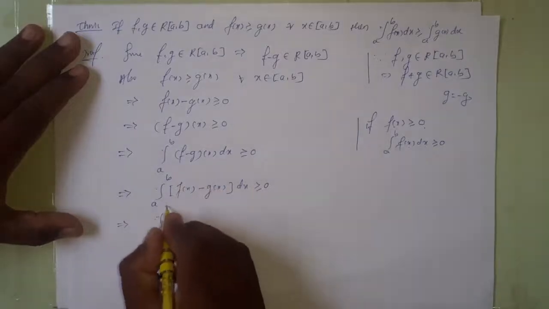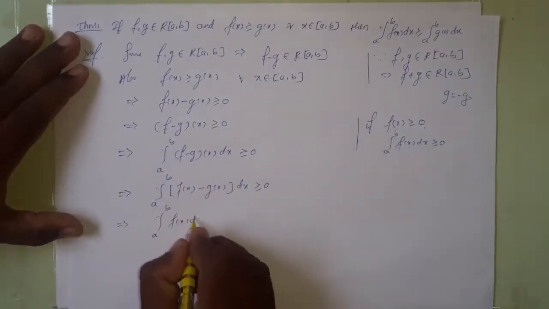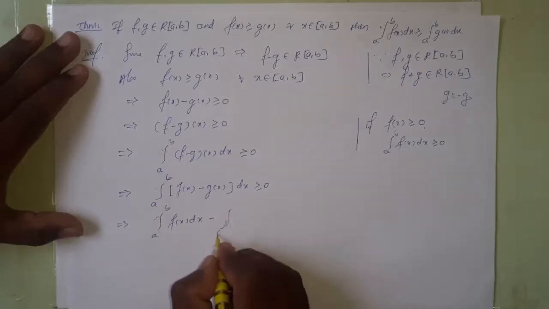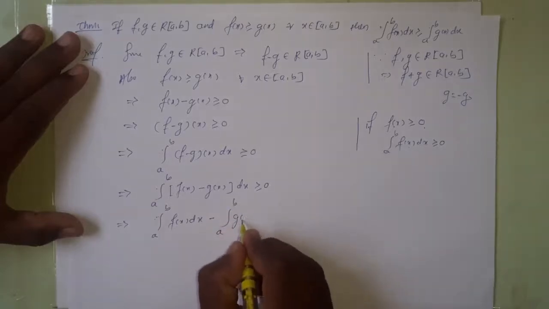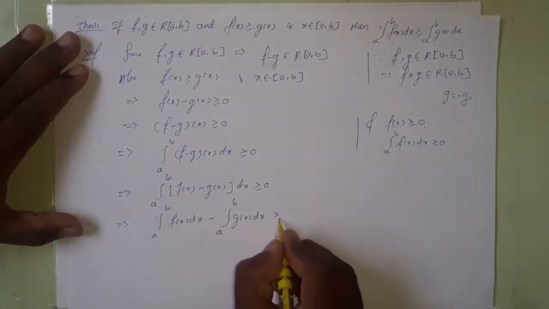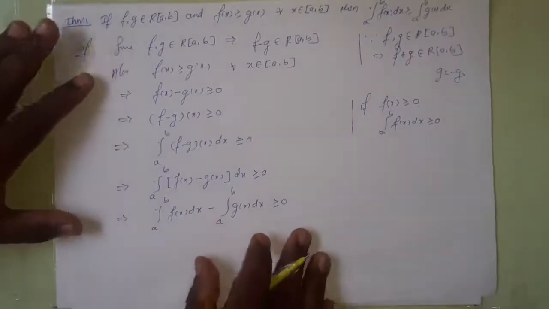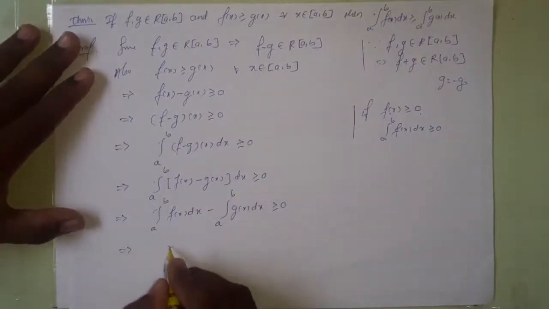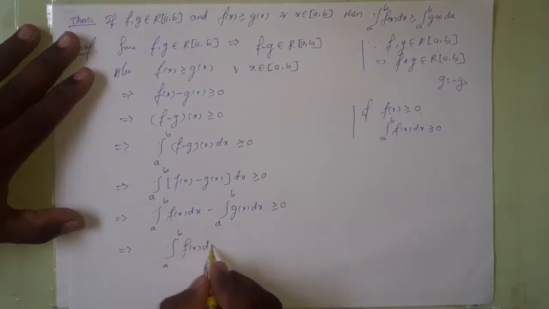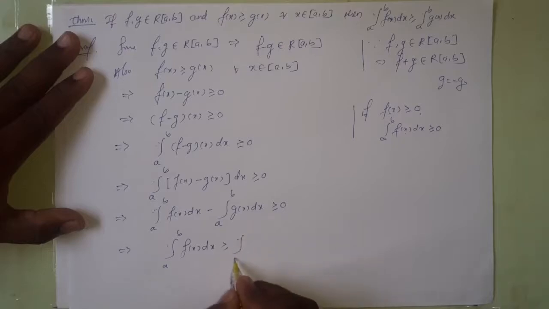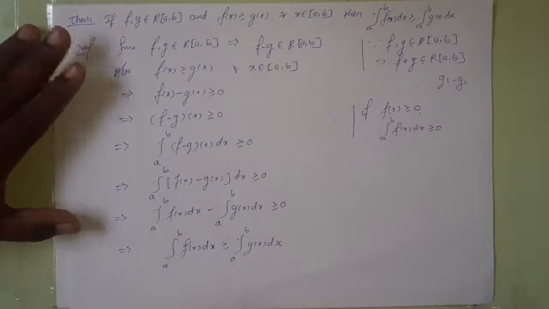Then the integral from a to b of f(x) dx minus the integral from a to b of g(x) dx is greater than or equal to 0, and this can be written as the integral from a to b of f(x) dx is greater than or equal to the integral from a to b of g(x) dx.